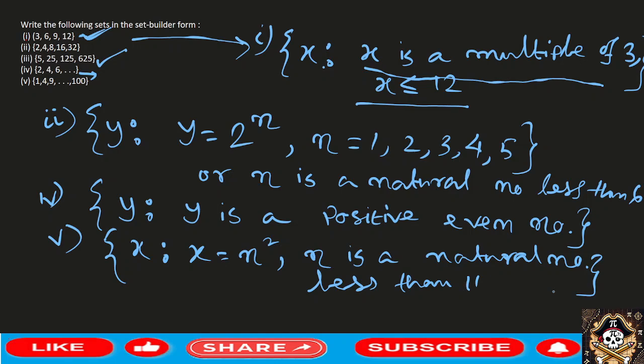If you take 11, it will give you 121, which is not a member of this set. Therefore, we take a natural number less than 11, that gives us 10. When n is 10, we get the last member of the set, 100.